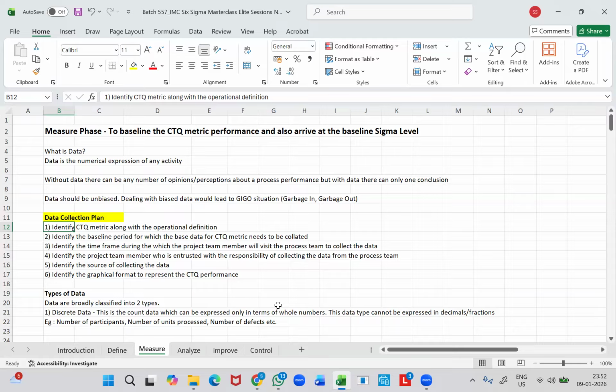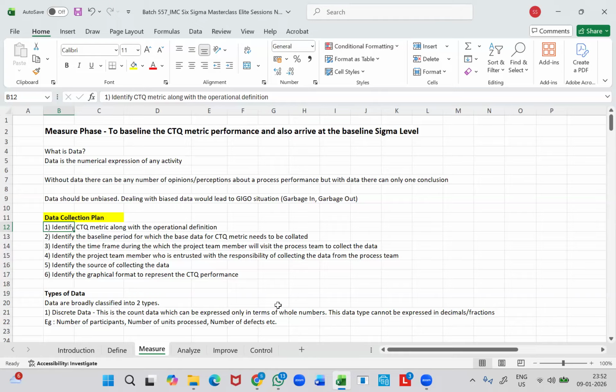So in case any of the stakeholders has any objection with regard to the calculation logic that is going to be adopted for calculating the CTQ metric, they can raise it at the beginning of the project exercise itself.